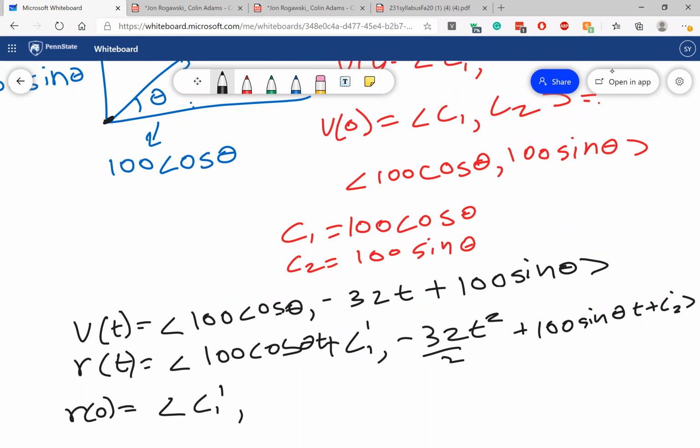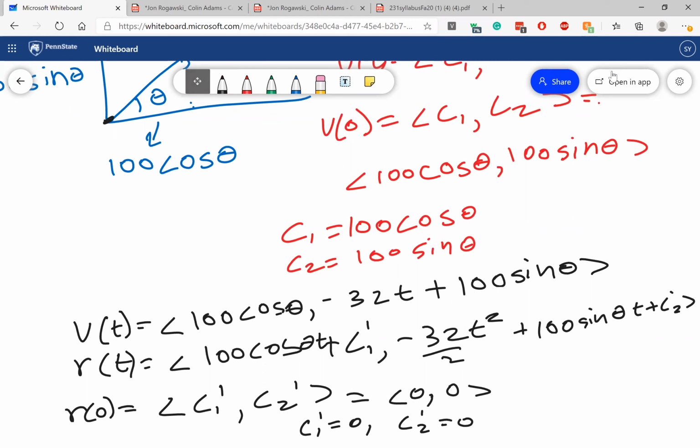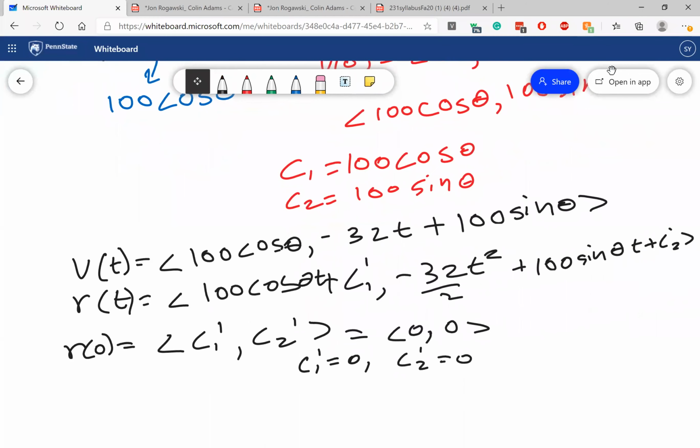And then in the second component, this is 0, and this is 0, so we would get C2 prime. This is equal to 0, 0, which tells us that C1 prime is equal to 0, and C2 prime is also equal to 0.